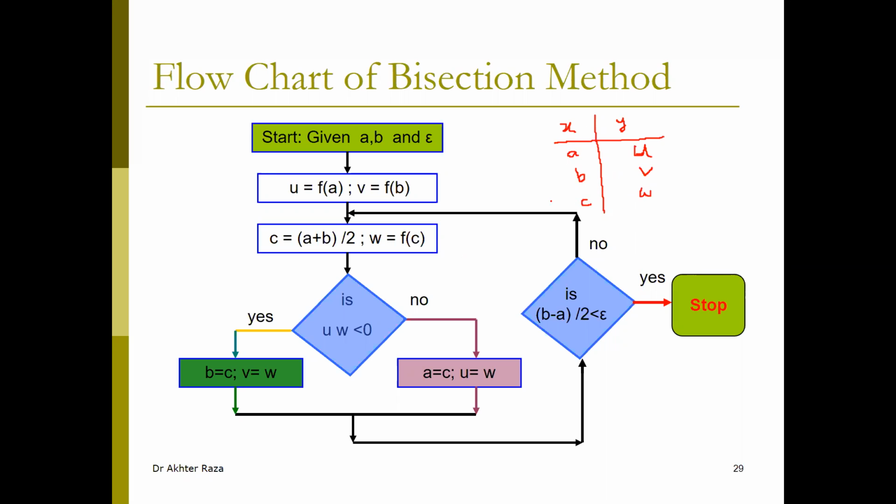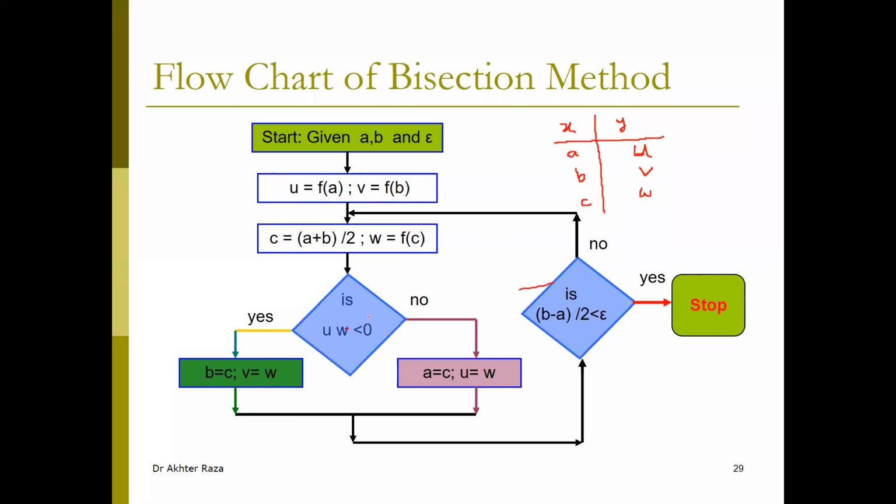If u into v is less than 0, it means the root exists within a and b. So we have to use this path.